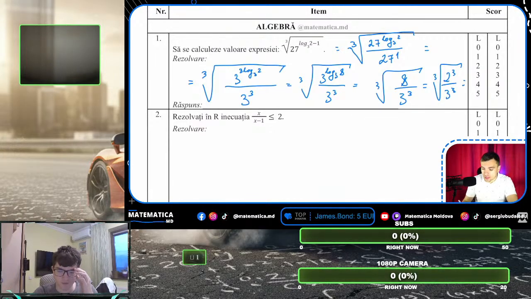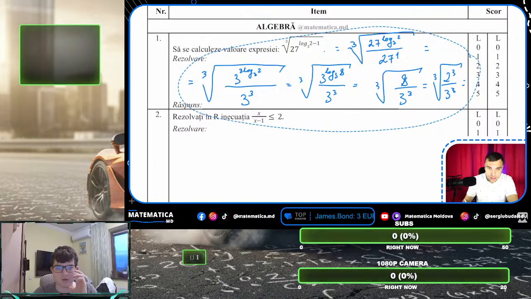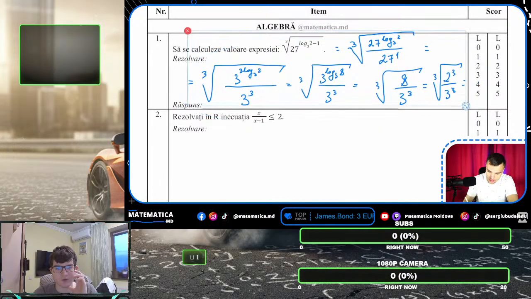So that's 2 to the power 3, so that's going to be 2 divided by 3. That's it. That's the response right here. This one's pretty hard, man.